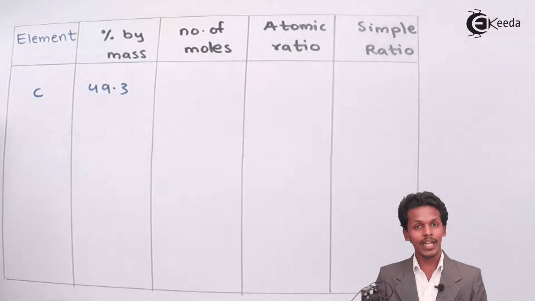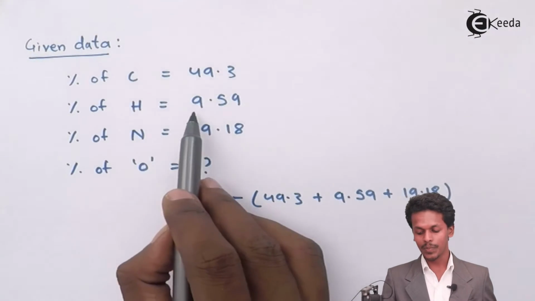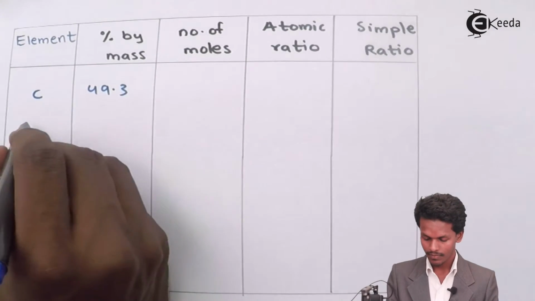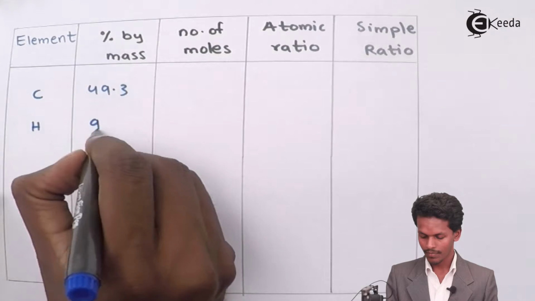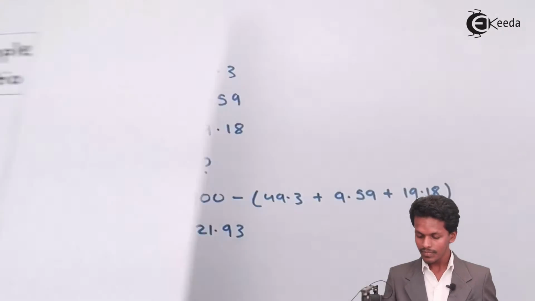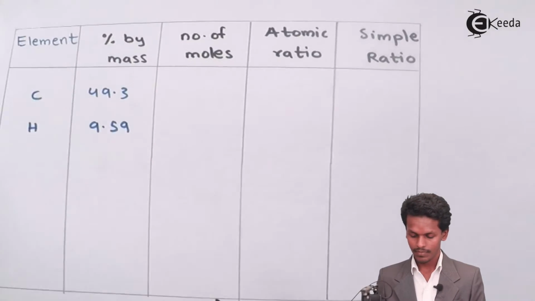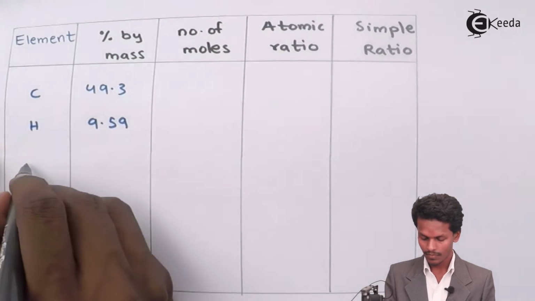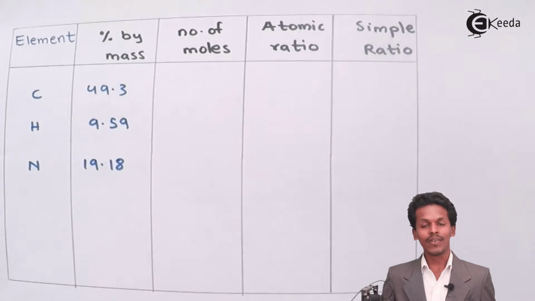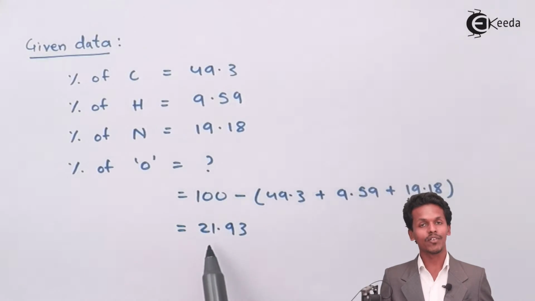The other element, hydrogen, has a percentage of 9.59, while that of nitrogen is given as 19.18, and that of oxygen, which we calculated, was found to be 21.93.